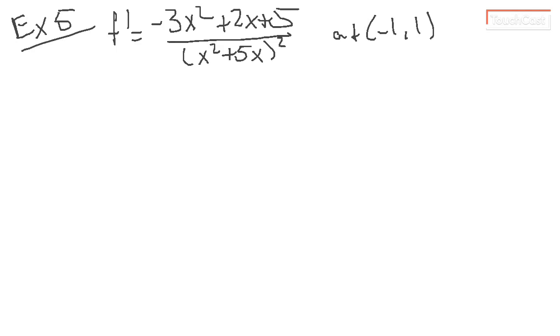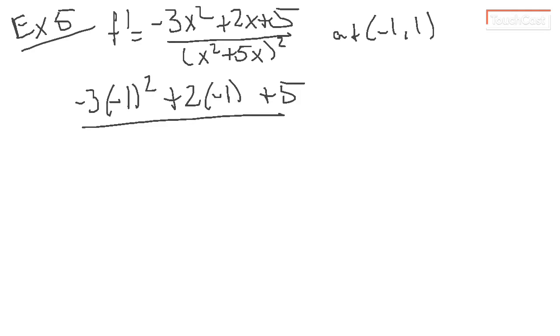So we're going to take negative 1 and put it in for x. We're going to have negative 3 times negative 1 squared plus 2 times negative 1 plus 5, over negative 1 squared plus 5 times negative 1, and that quantity is squared.